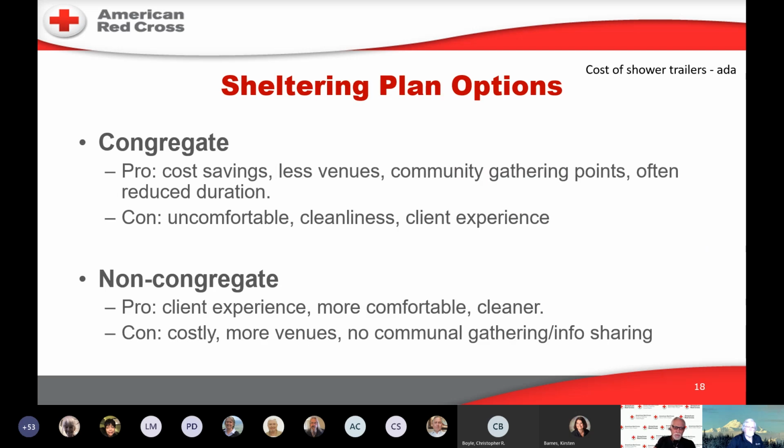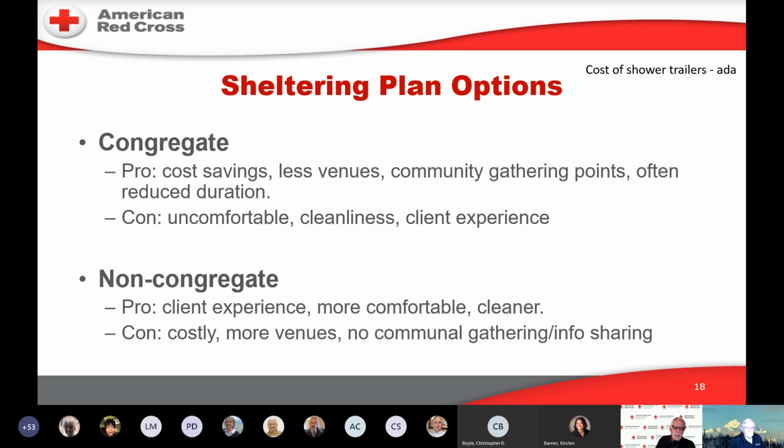Well, sheltering, congregate versus non-congregate is the biggest one here. Congregate shelter, you can cover a lot of people very quickly and very efficiently in terms of staff. It's what we do the most of for the Red Cross in normal times.